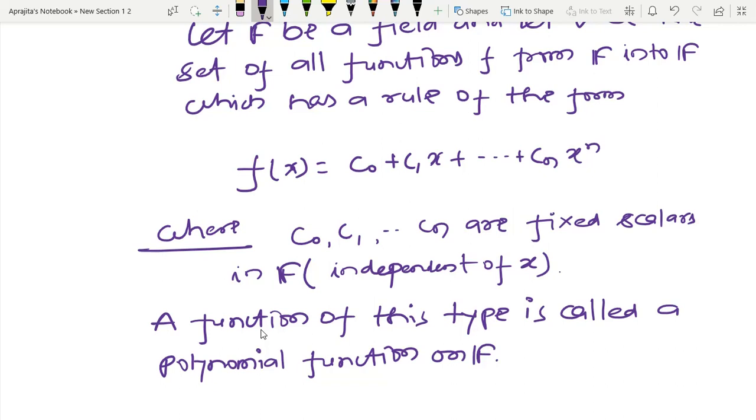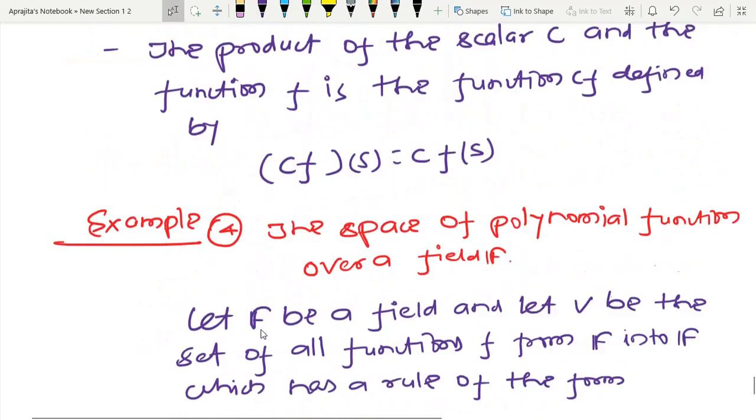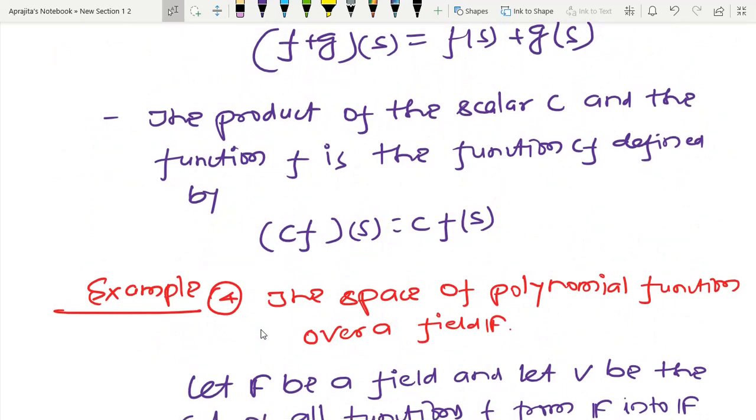Here one must observe that if f and g are polynomial functions and c is in some field F, then f plus g and cf are again a polynomial function. So due to that reason, this will also represent some kind of space.